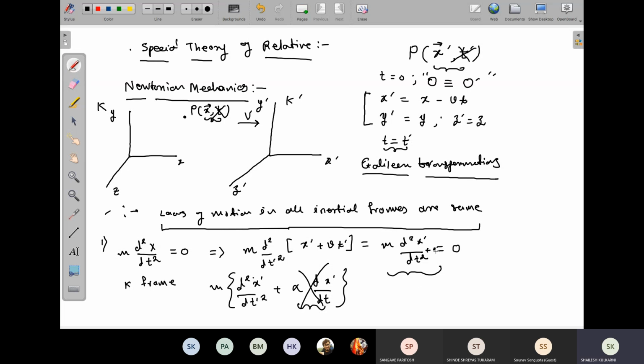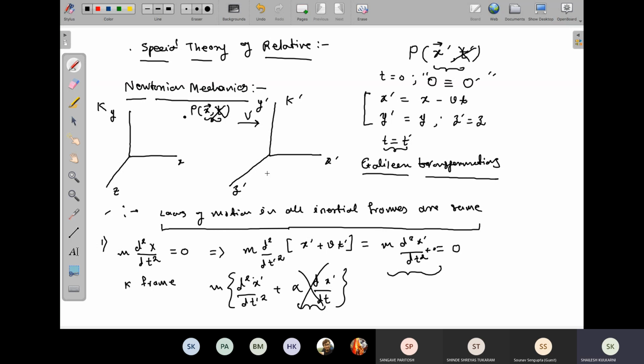Because if there were a constant, instead of 0 here, there would be a way to prefer one frame over another. There is a way to prefer the K prime frame over the K frame. If somebody likes this constant, he can choose this frame.